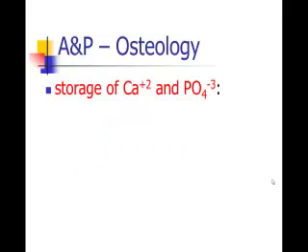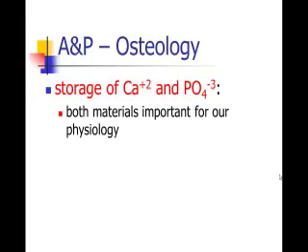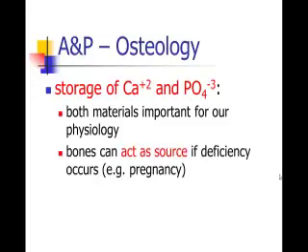And then the storage of calcium and phosphates. Both calcium and phosphate are important for our physiology. And bones have 2 possible functions with respect to them. They can be a source of calcium and phosphates if there's a deficiency. This happens sometimes during pregnancy, especially if a female is both pregnant and lactating at the same time.